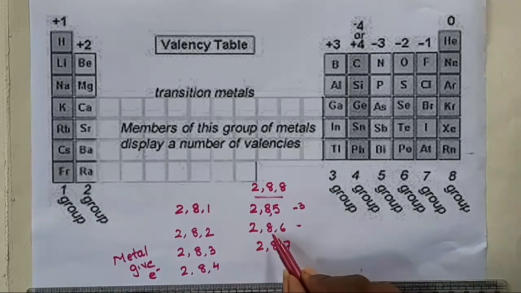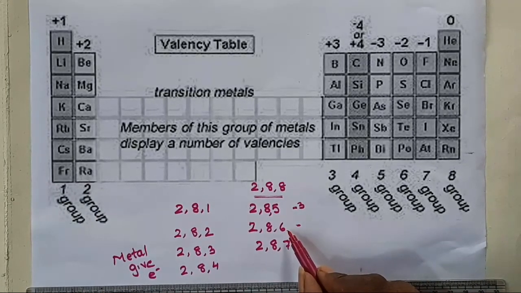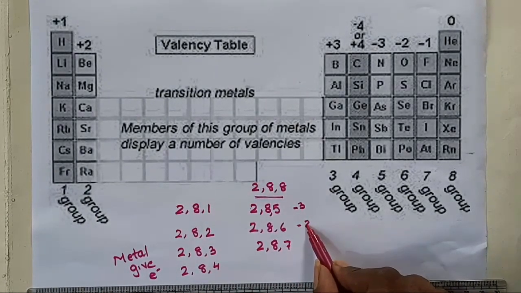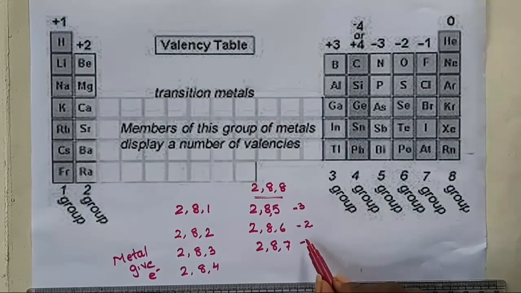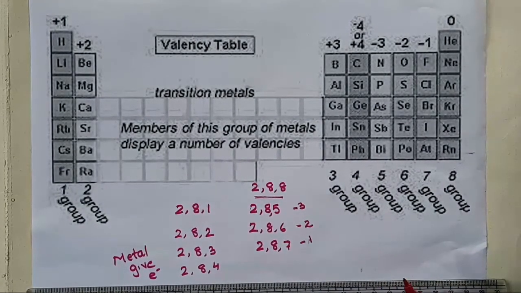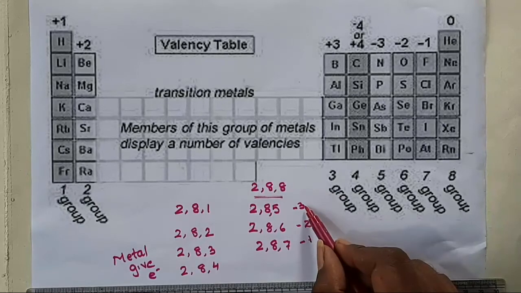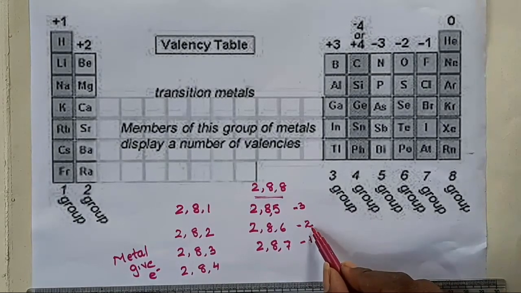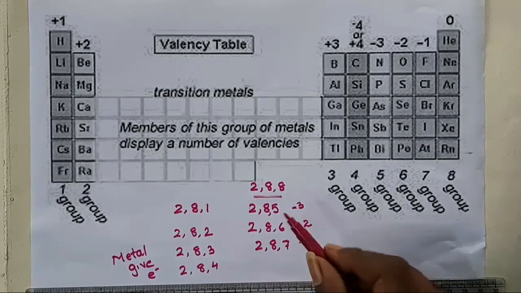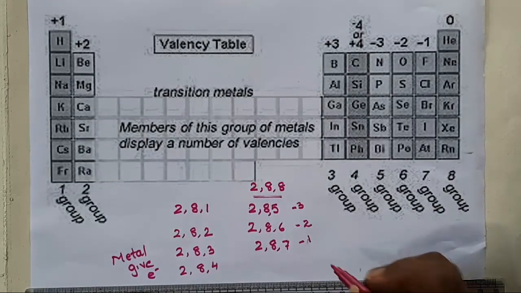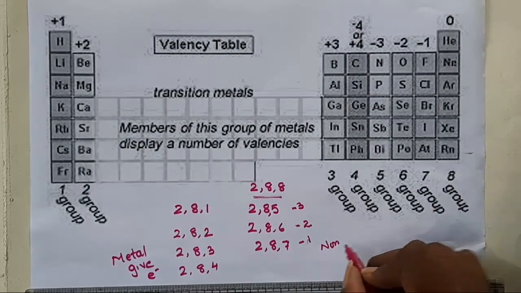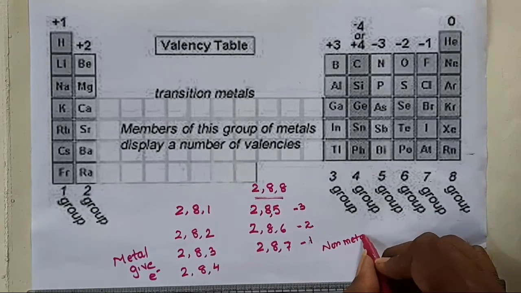Here 2, 8, 6, it requires 2 electrons, so it will accept 2 electrons, and this will accept 1 electron. So the valency here is 3, 2 and 1. Here they accept electrons, so normally non-metals accept electrons.